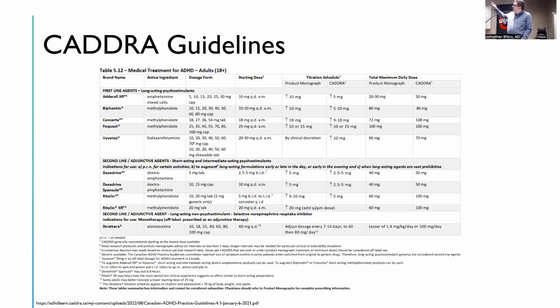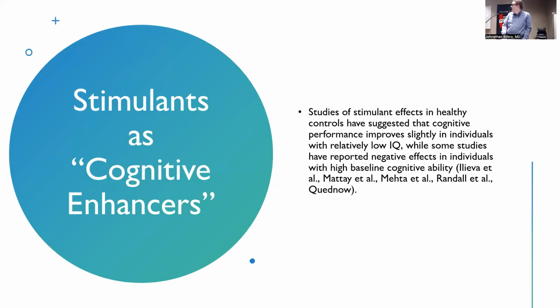Their second line is short-acting or intermediate-release stimulants, and also the long-acting non-psychostimulants such as Strattera. There's probably some in the clinic that have started using Qelbree as well. It's another norepinephrine reuptake inhibitor like Strattera that has some evidence. So again, checking out the CADDRA guidelines, not to say that they're infallible by any means, but it is interesting to look at what they recommend.